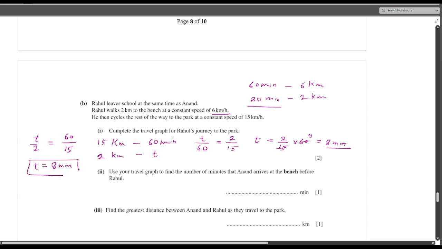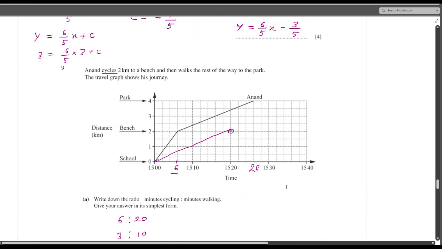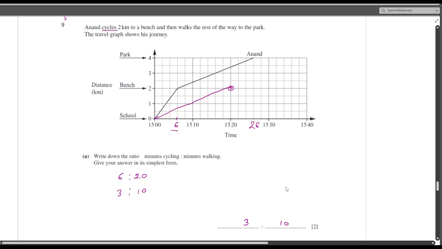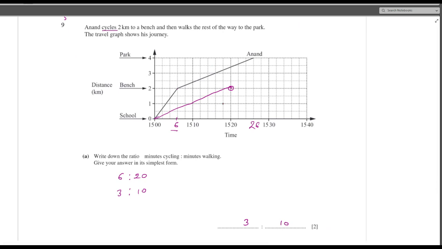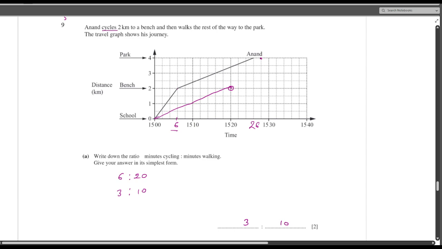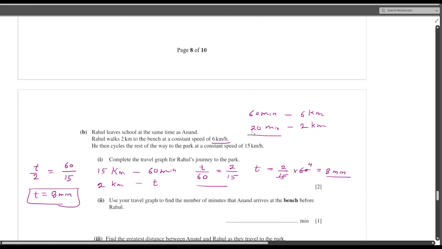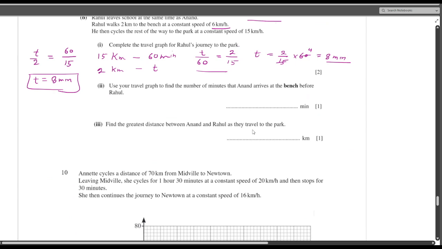So in direct relation you can solve in either way, their ratios remain the same. So 8 minutes I will take to cover the remaining 2 kilometer, from 15:20 to 15:28. So I will join this by this, like this. Okay, so this is my drawing.